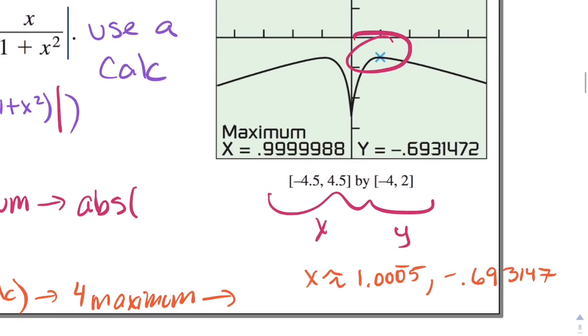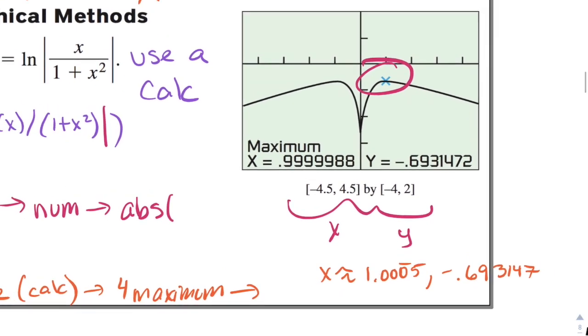I still get that result. Maybe my calculator is a little different. Anything around here is okay though. And that's going to be a max. Global max. Looks like it's on the entire domain there.